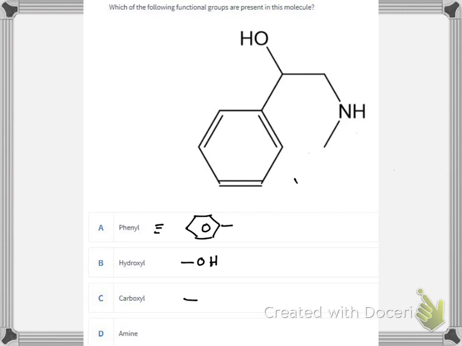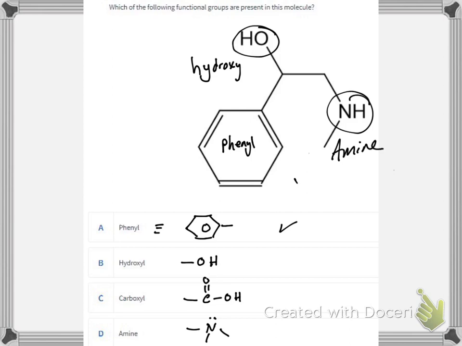A carboxyl group is one in which you have what looks like a hydroxyl group, but it has a carbon double bond O, which affects its chemistry, and so we give it its own name, carboxyl. And then an amine is a nitrogen with 3 bonds and a lone pair. Okay, so we look at the molecule and say, yep, we have a phenyl, we have a hydroxyl, and we have an amine. So those would be the 3 functional groups present in this molecule.